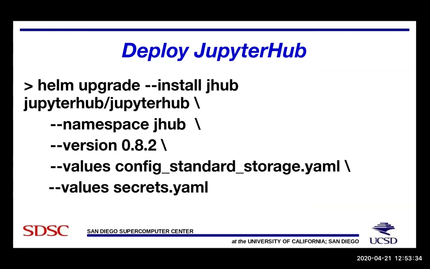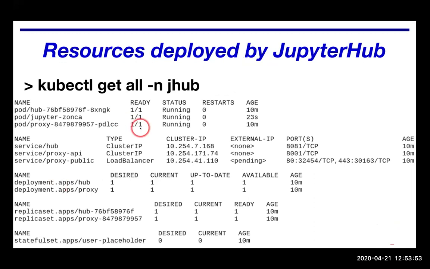Here is an example of the resources that are created by that. You see that there are some deployments. The deployments make sure that if one of those services dies, it's automatically created somewhere else. The most important resources are the pods, and here we have 3 pods running. Those are 3 containers running somewhere on the cluster.